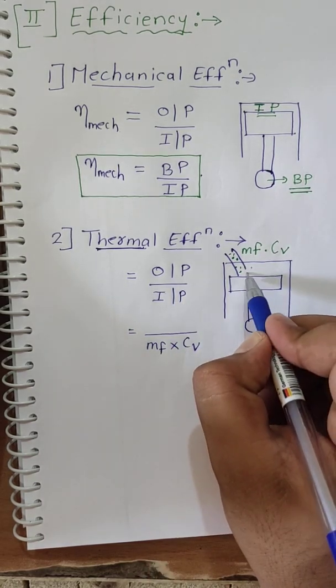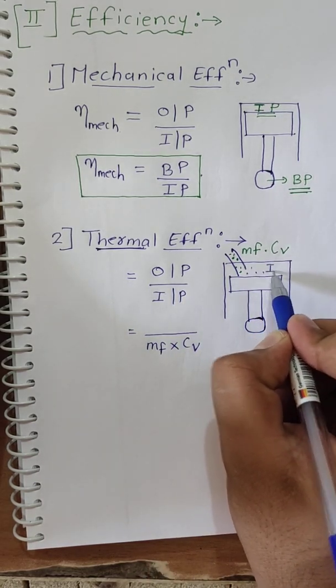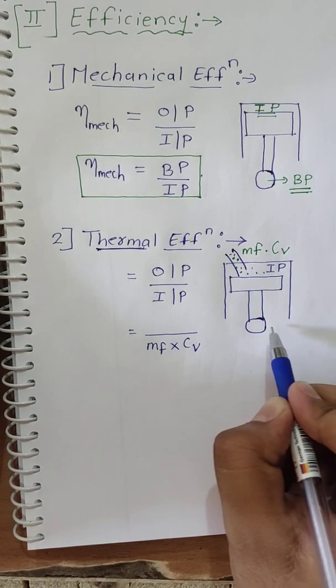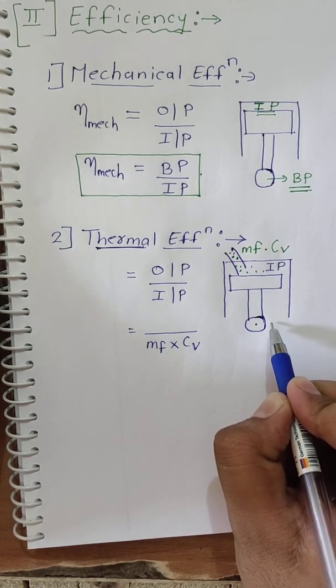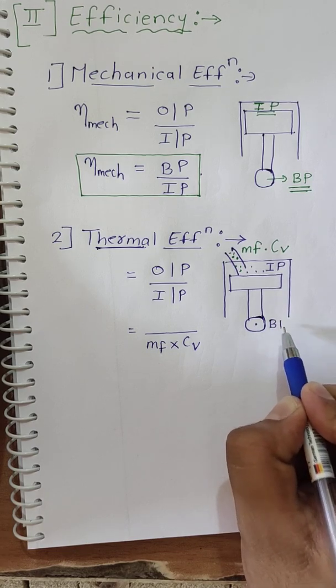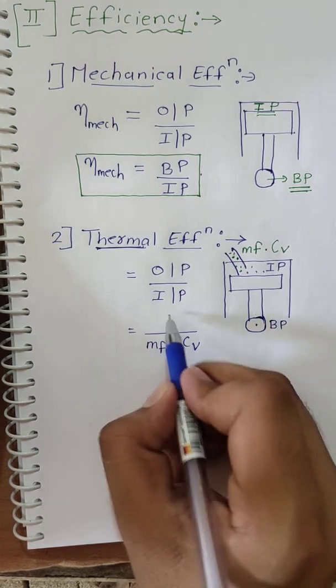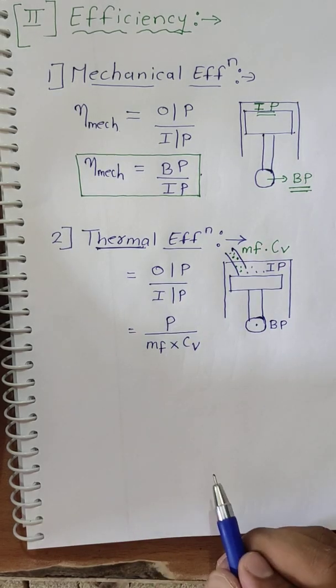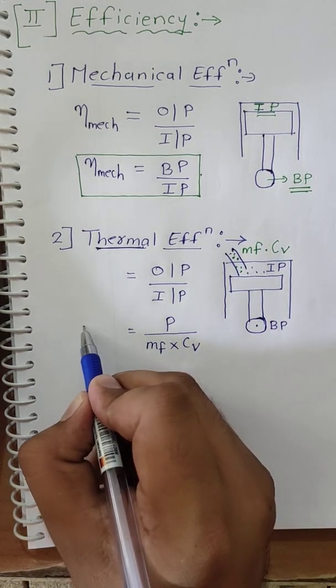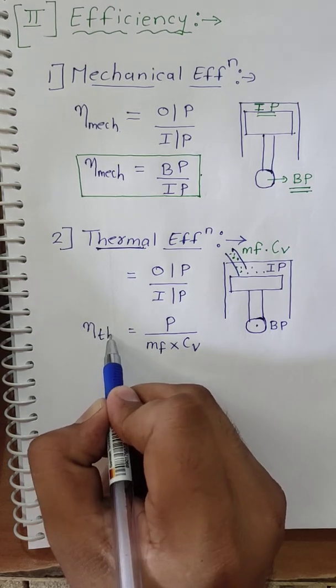When the engine produces power, it is called indicated power, and the power produced at the crankshaft is called brake power. So generally your thermal efficiency formula is power upon MF into CV. It is denoted by eta thermal.